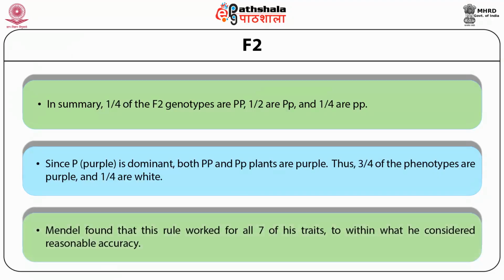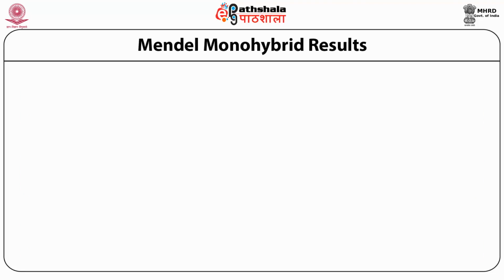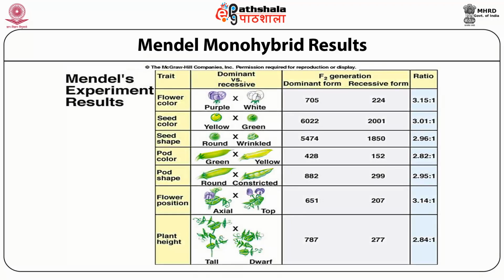Mendel found that this rule worked for all 7 of his traits to within what he considered reasonable accuracy. To understand the experiment conducted by Gregor John Mendel, we can visualize this image, which is an image of Mendel's monohybrid results.